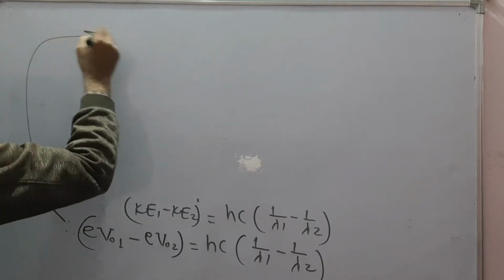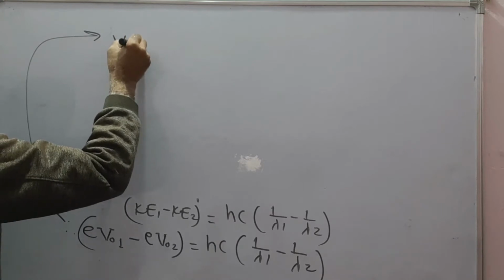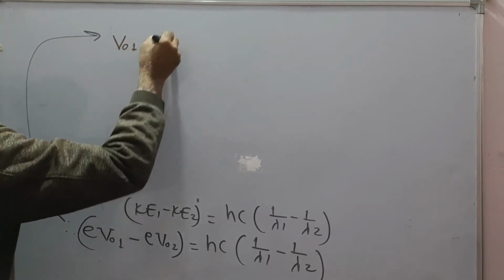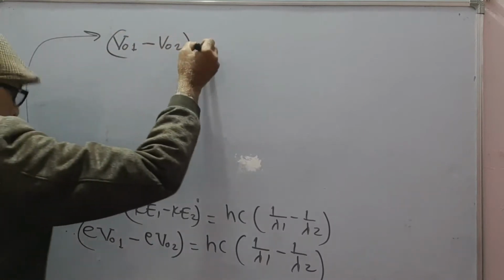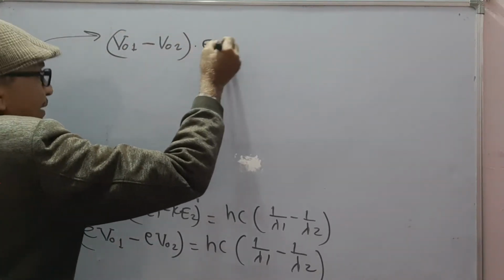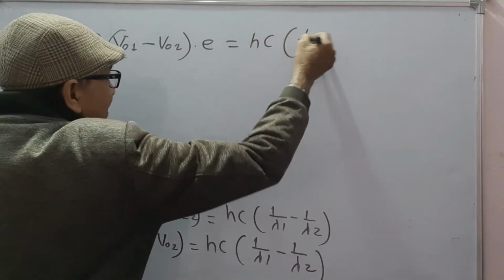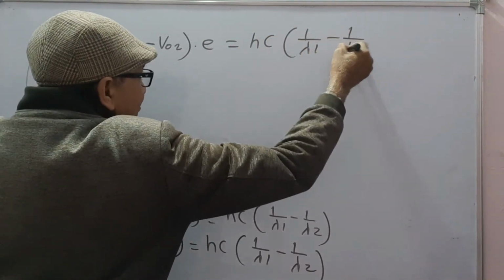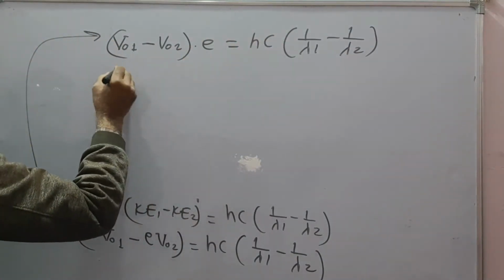Therefore, V naught 1 minus V naught 2, that is change in stopping potential, into e will be equal to h c into 1 upon lambda 1 minus 1 upon lambda 2. e goes on the right hand side.